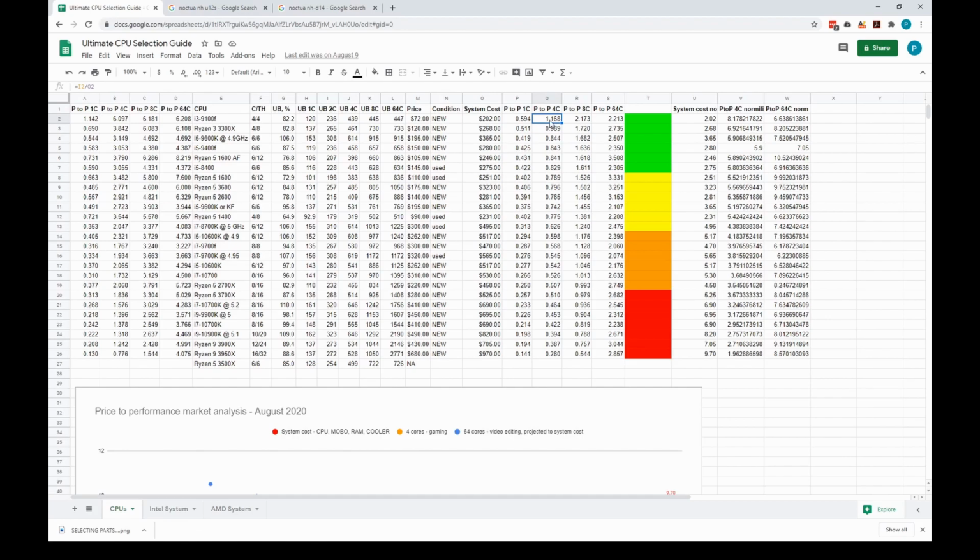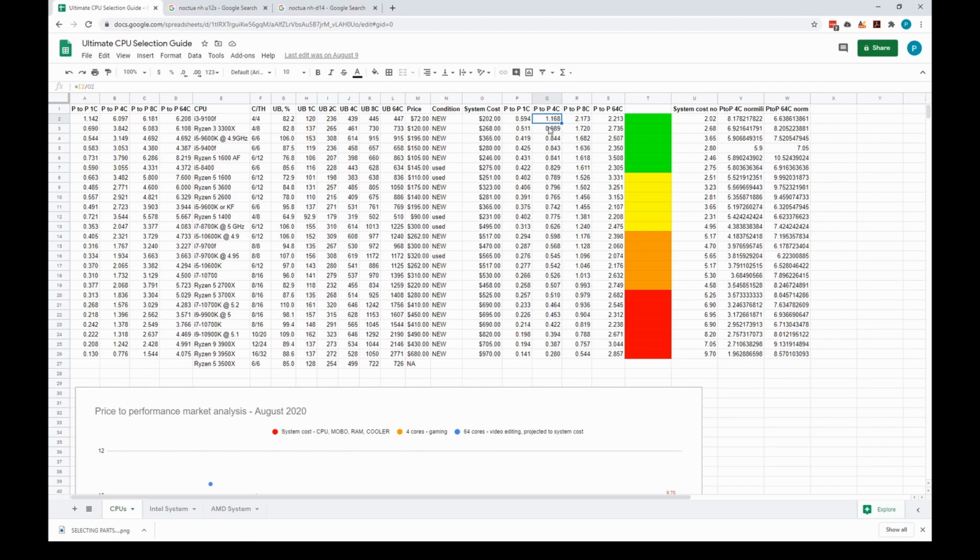Honestly, I think 4 cores is not enough in 2020. And it's not only that I think that, a lot of YouTube channels and a lot of websites have that data. You can just look it up for yourself.